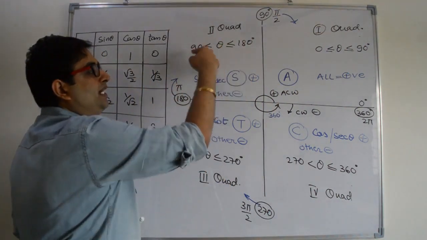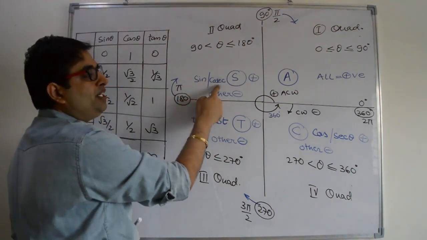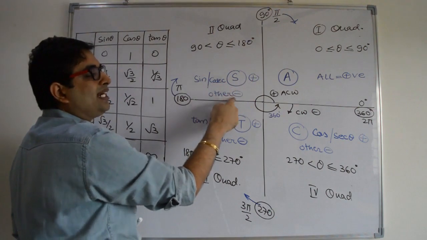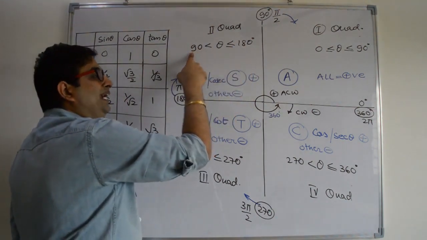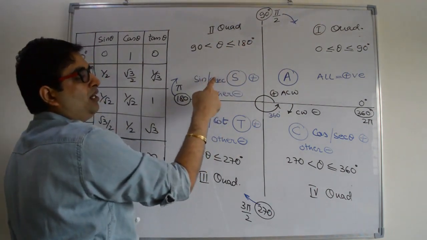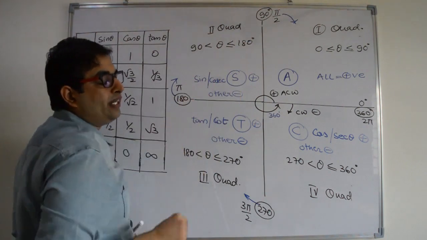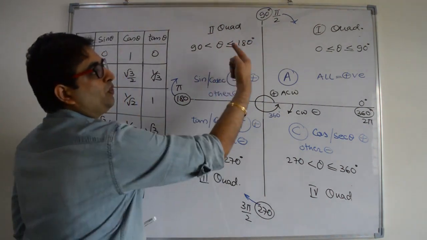Second quadrant: in the second quadrant only sine and its inverse cosec are positive, others are negative. That means if the angle is between 90 and 180 including 180, then only sine and cosec are positive, other quantities are negative, like sine 120 degree. Where is 120?